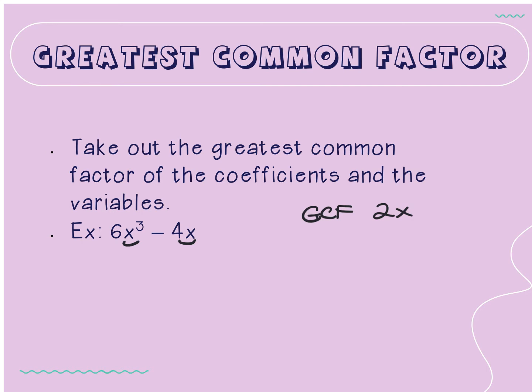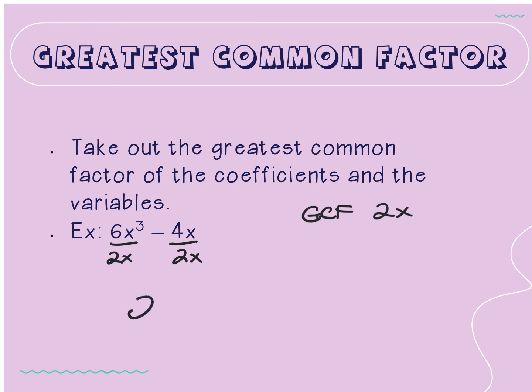Now, after you find that GCF, you need to divide it out. What I like to do, just so I can give myself a visual, I like to write the GCF underneath all of the terms in my problem. Because what I'm doing here is dividing each of those by the GCF.